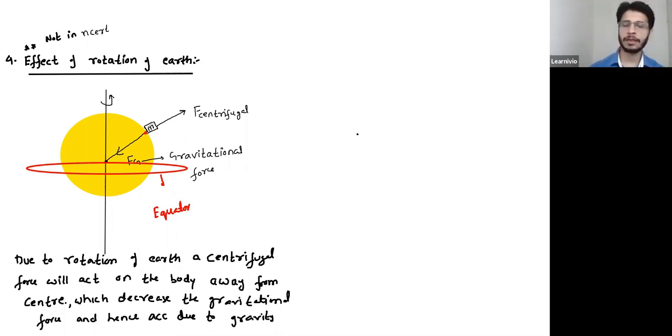This is the mass m, and with respect to this equatorial plane, the line joining the point on the surface of Earth to the center of Earth is making an angle lambda with the equatorial plane. This lambda is known as latitude.